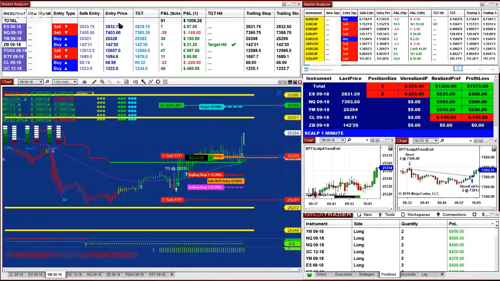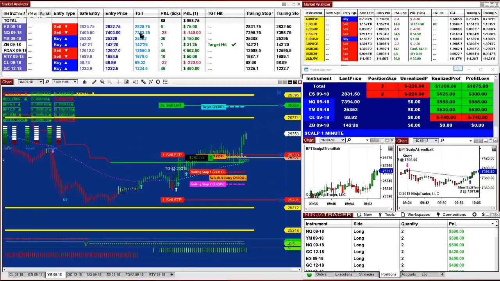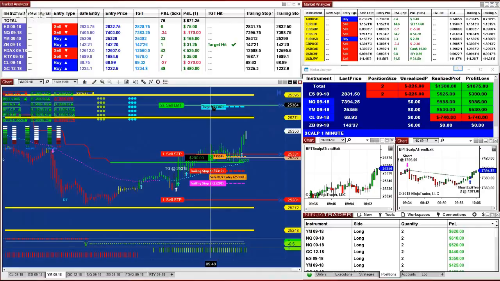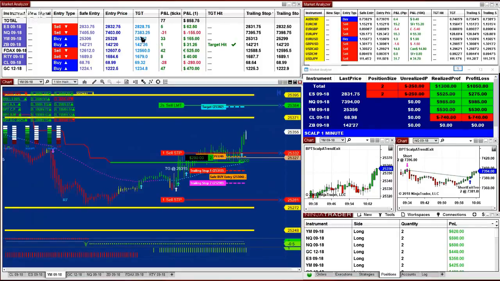Anything you wish is right there, your signal entries. And then what we have here is your target. As an example, right now we have a target on the YM based on 1 minute. What we do every day is 1 minute. We do not use Renko bars, line break, or ticks. We only use 1 minute, and the market analyzer is based on one contract only.